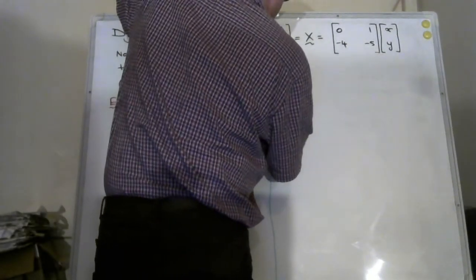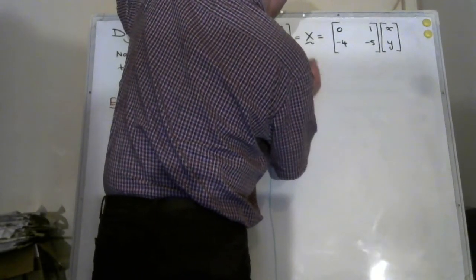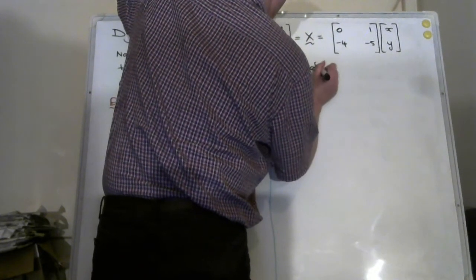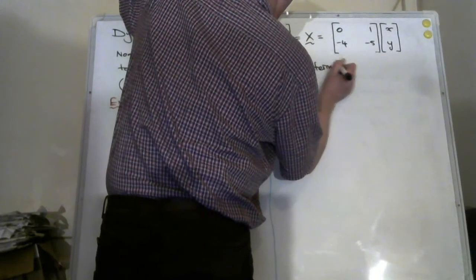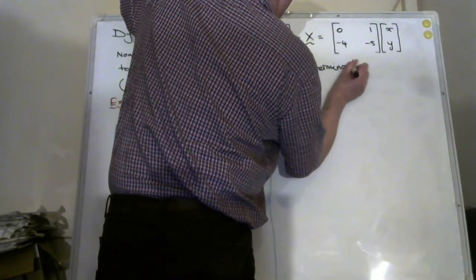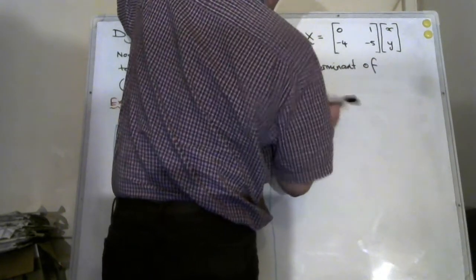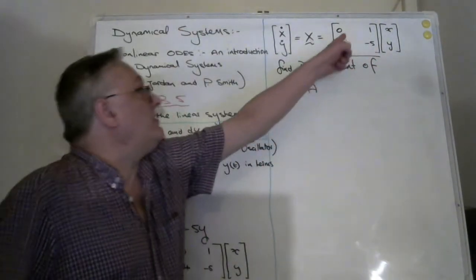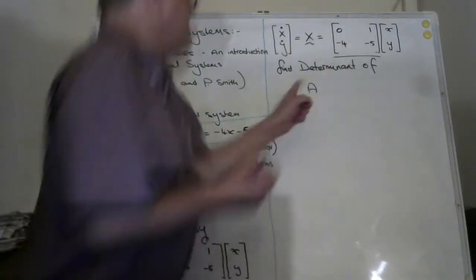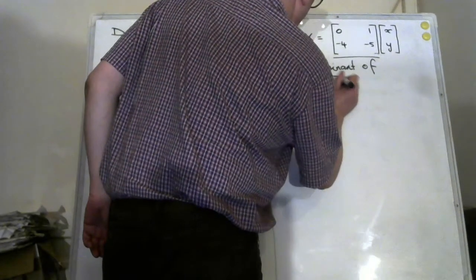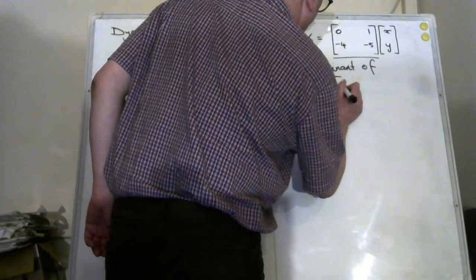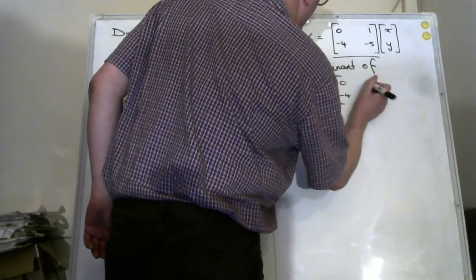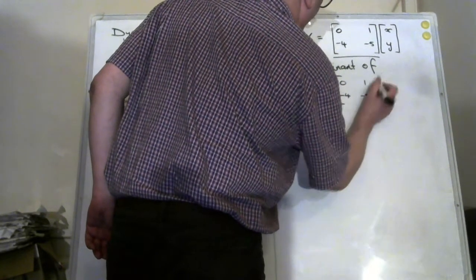Now, what we need to do is find the determinant of this matrix here, which we're going to call matrix A. So we've got 0, 1, minus 4, minus 5.